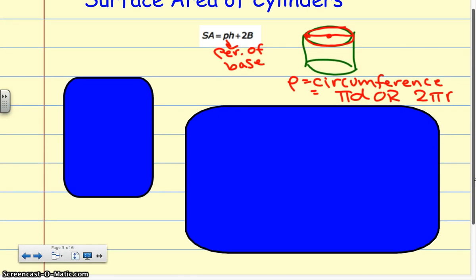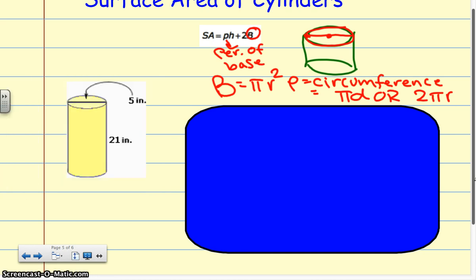And also the other thing you need to remember, 2 times big B. Right now, big B would be pi r squared. The area of a base, a circular base, would be pi r squared. I'm just going to jump right into an example. If I wanted to find the surface area, the strategy that I keep using, I want to find my perimeter of the base, and I want to find my big B. So my perimeter is circumference.